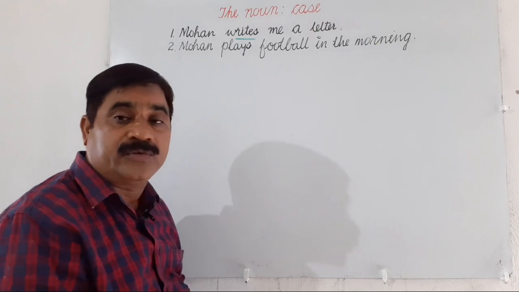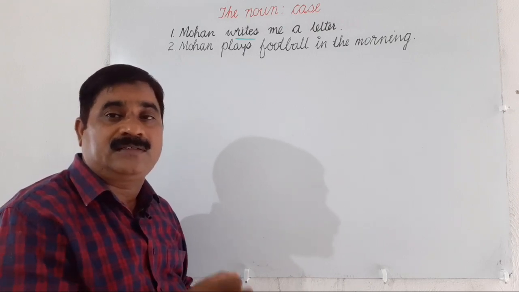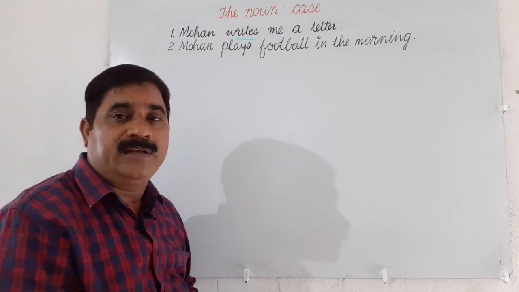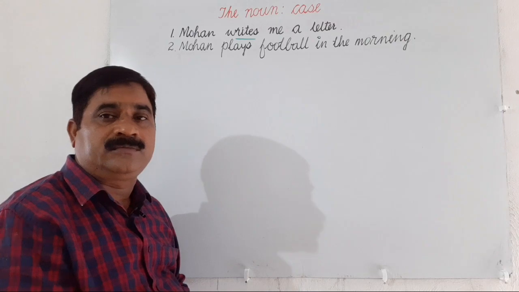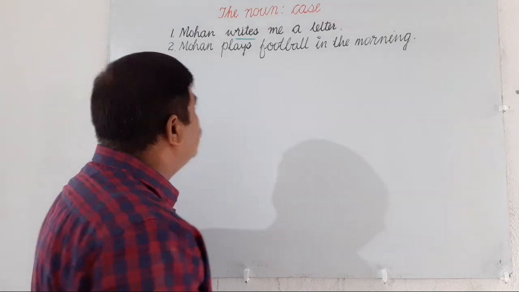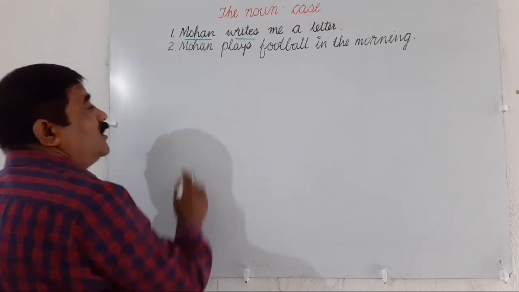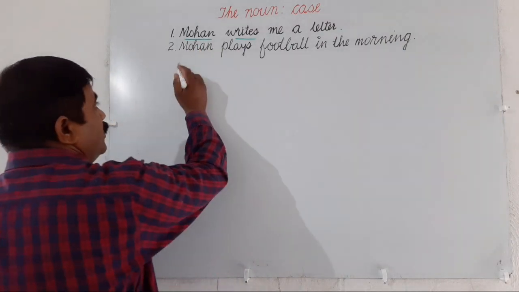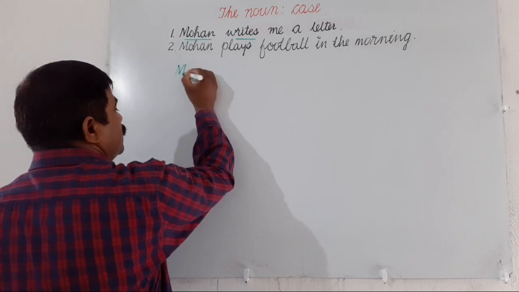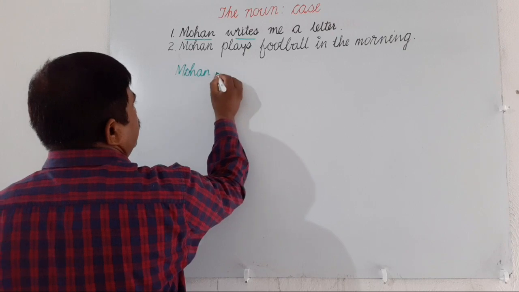Again, let me ask you, who is the person that does the action? I mean, who is the doer of the action? Yes, Mohan. Mohan is the doer of the action.